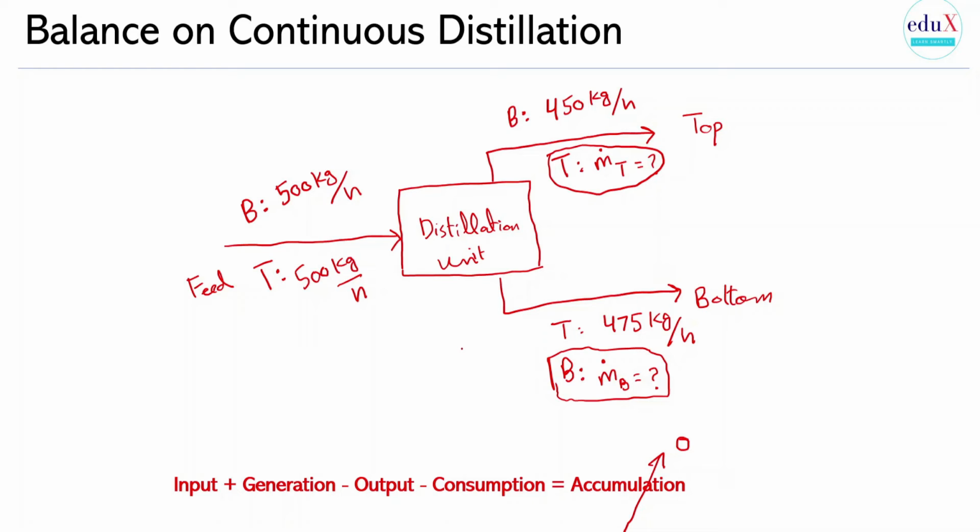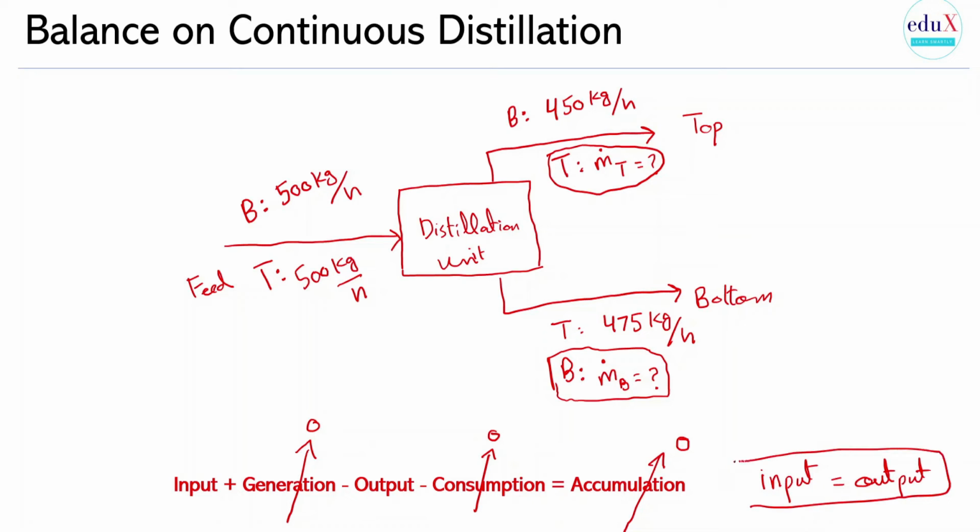It's a distillation process, there is no chemical reaction, it's just a separation, so the generation term will also be zero, and the consumption will also be zero. The general mass balance equation will come out as input equals output. So this is the main mass balance equation that we are going to apply on this process.